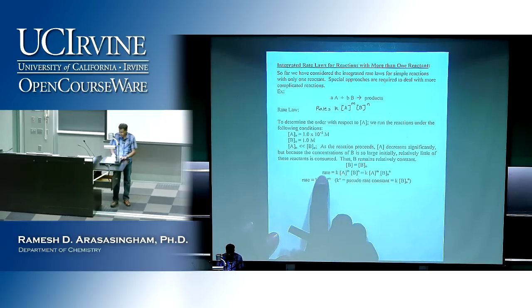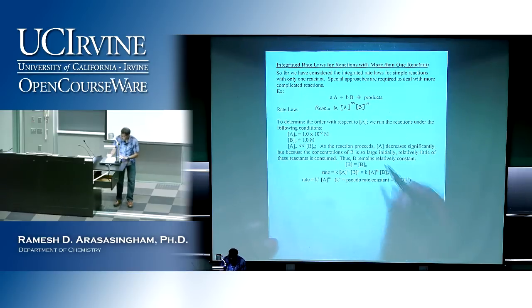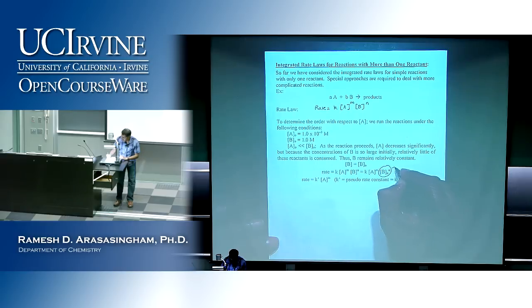All right? So if you go to the rate law, where rate equals k[A]^m[B]^n, we can now replace the concentration of B with the original concentration of B. And can everybody see that this term does not change? So this is a constant.